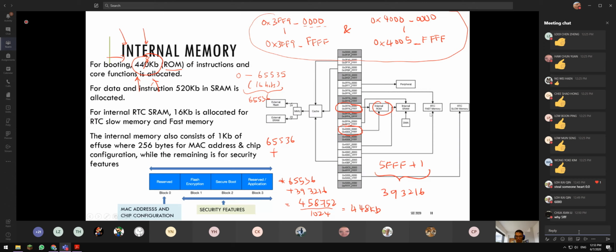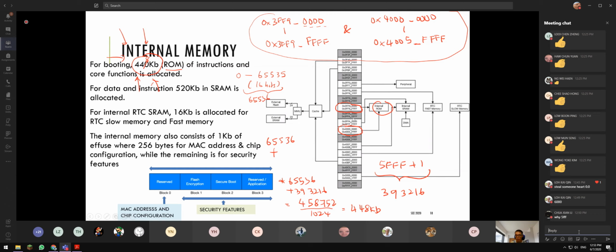We also have RTC fast memory. Even though the core is in sleeping mode, I want to ensure the CPU can access the data safely during deep sleep mode through the ultra-low power features.